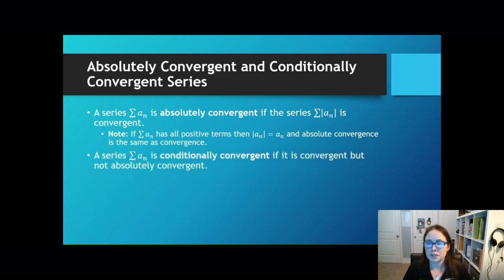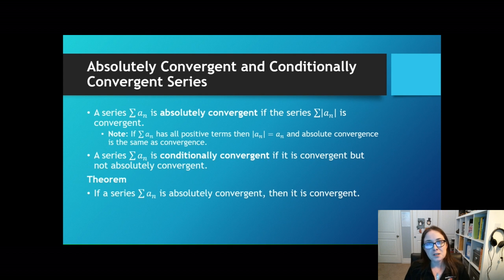Now, conditionally convergent is when a series is convergent, but it is not absolutely convergent. So if I take the absolute value of the series and I get divergent, then it's not absolutely convergent, but the series could still be convergent before I took the absolute value. Now I know, kind of tricky. Okay, but we're going to do an example so we can run through this a little bit.